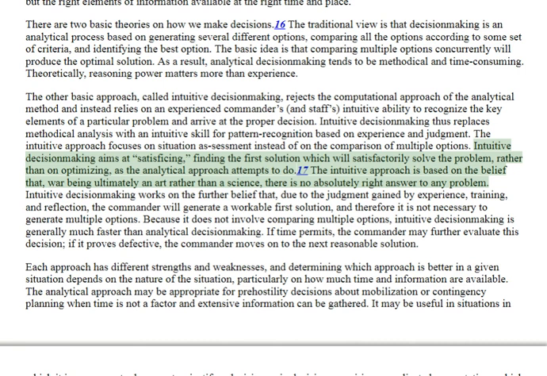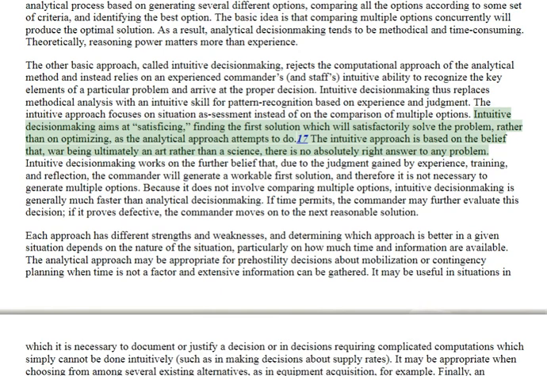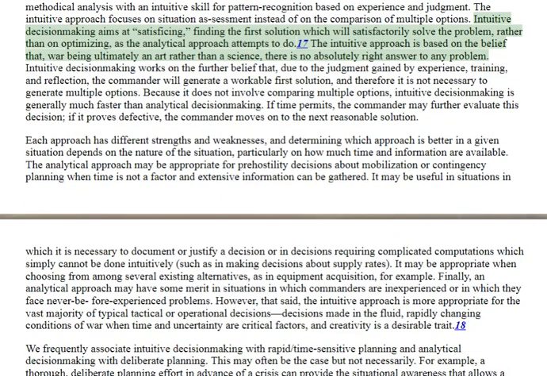17. The intuitive approach is based on the belief that, war being ultimately an art rather than a science, there is no absolutely right answer to any problem.